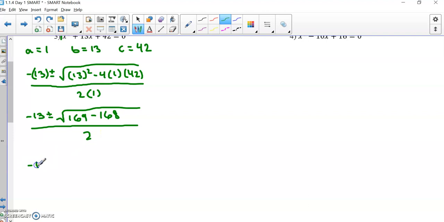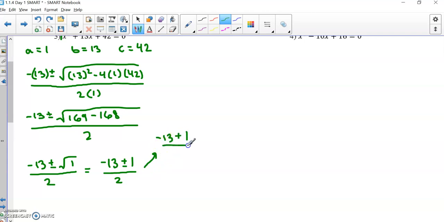Okay, negative 13 stays the same. 169 minus 168 is just 1. So now we know that the square root of 1 is just 1. And this is where we can break it out into two answers. Negative 13 plus 1 over 2.